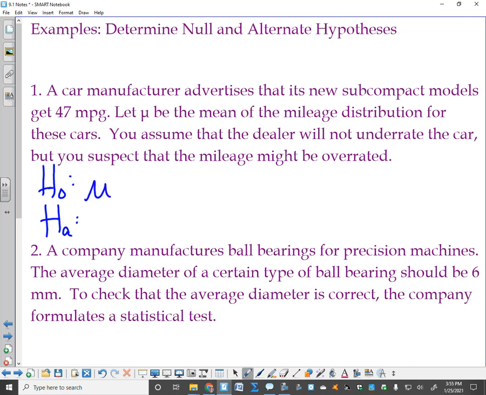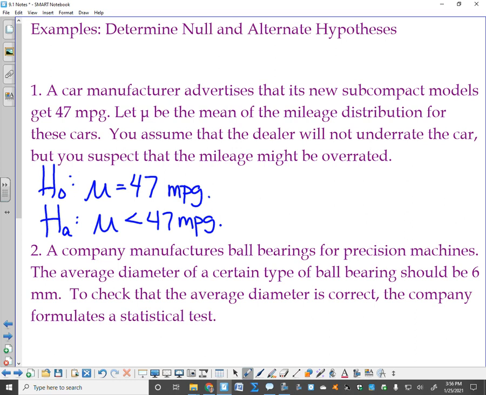They are saying that mu equals 47, now guys, units of measurement, miles per gallon. That's the claim. That's where the bar is set. However, you think that that's overrated. So your alternate hypothesis is that mu is less than 47 miles per gallon. I think they're full of crap.